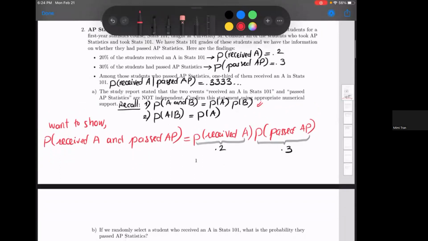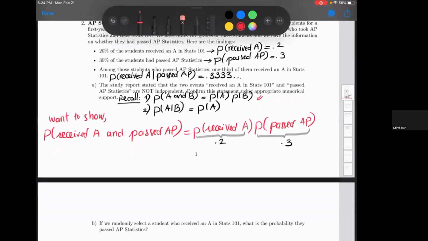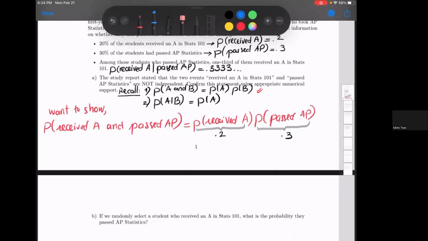So I'm going to use conditional probability that involves P of receiving A and pass AP. Okay, so I want that one. We need this. Now we find this, the one in blue, right?